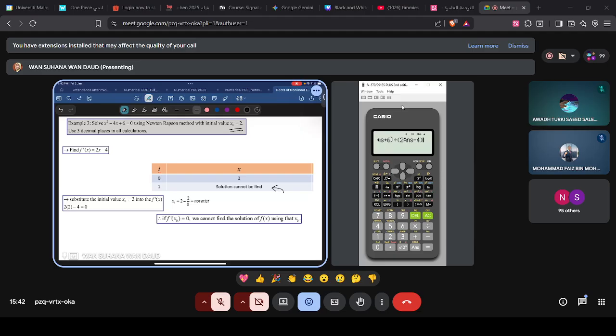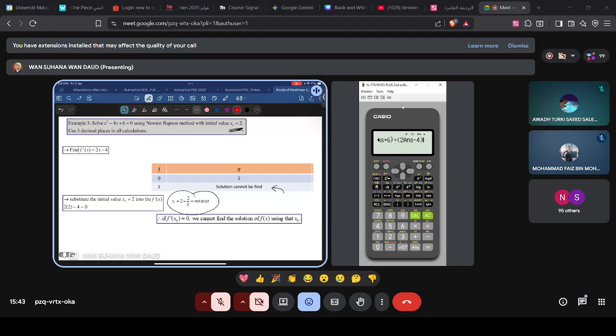I repeat, the Newton-Raphson will fail if the initial value put into the f prime gives 0. You have to make sure you choose the correct initial value. If the initial value is not suitable and f prime x gives 0, the calculation does not exist, then the Newton-Raphson will fail.